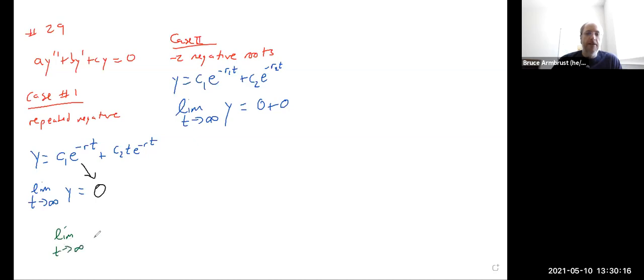We're doing the limit as t goes to infinity of t over e to the Rt, which is infinity over infinity. So we'll do a good old L'Hopital. So with L'Hopital, we take a derivative of the top and the bottom separately. And we take our limit.